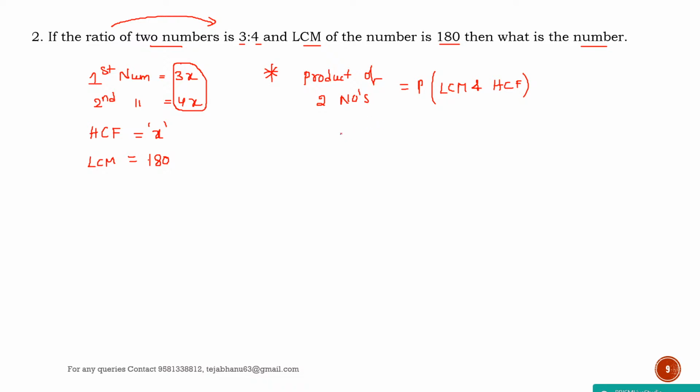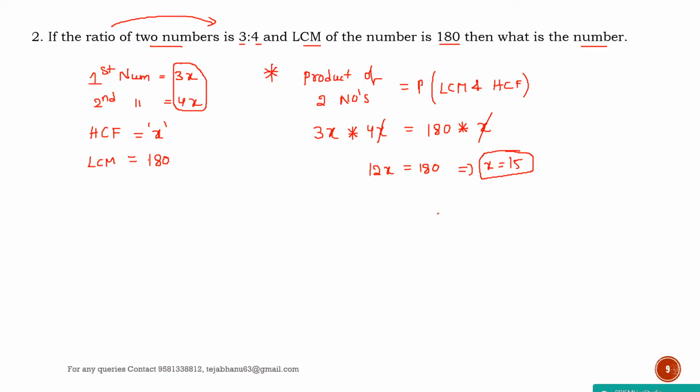Now, the product of two numbers, 3x into 4x, is equal to the product of their LCM, which is 180, and HCF, which is x. The x gets cancelled, so 12x is equal to 180 and x equals 15.